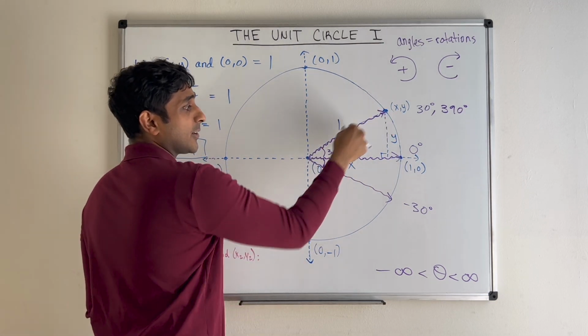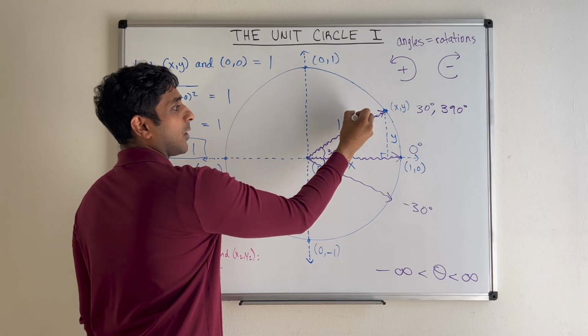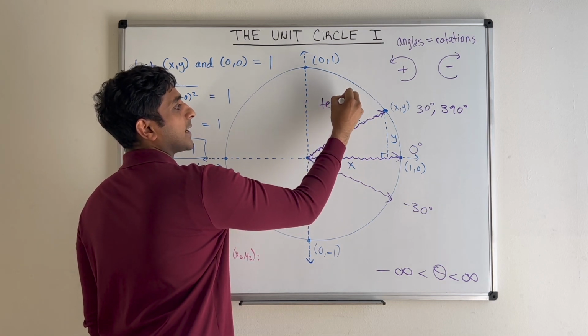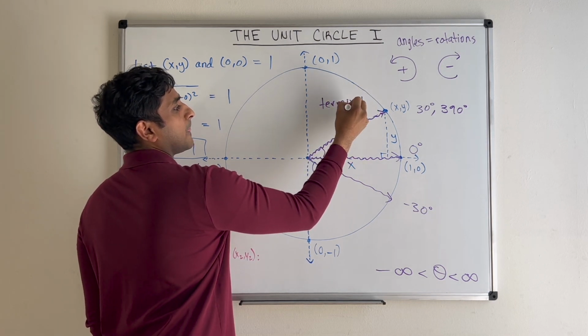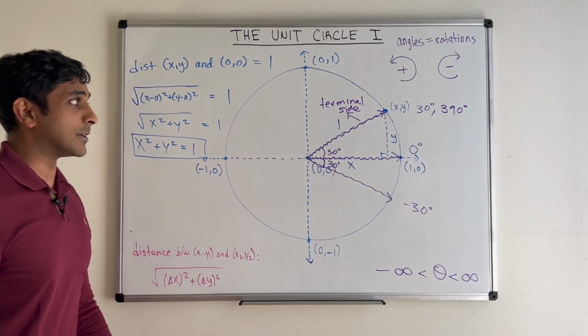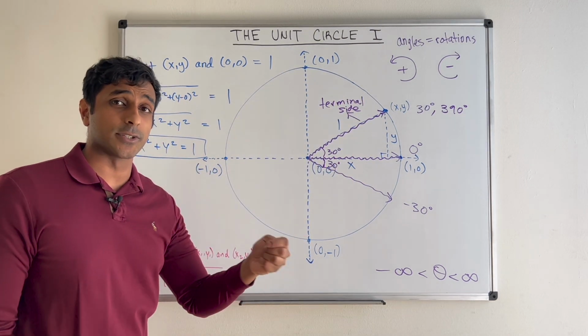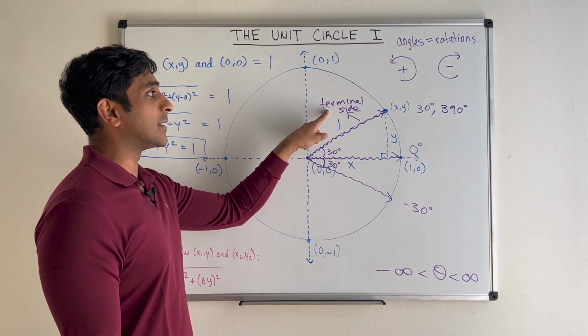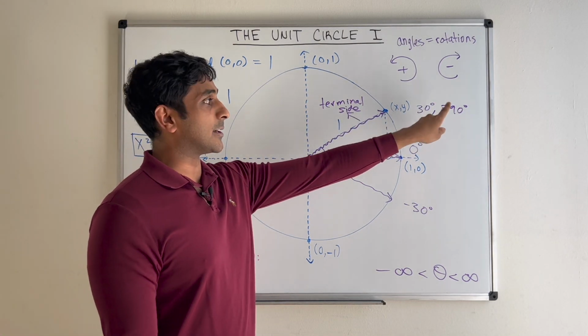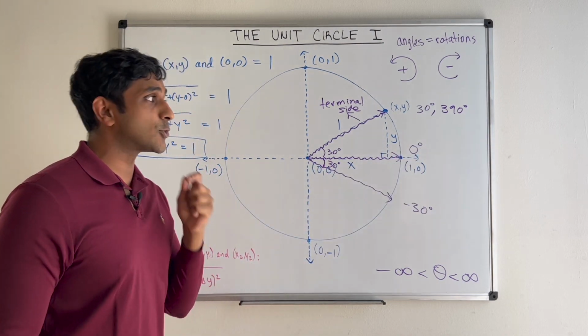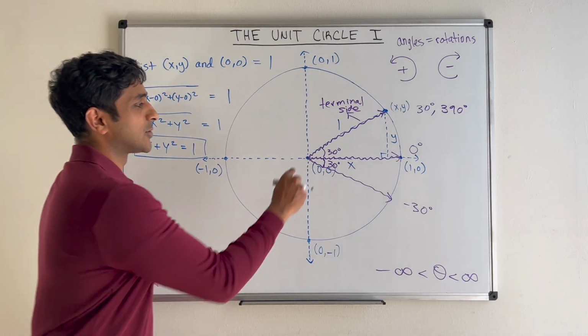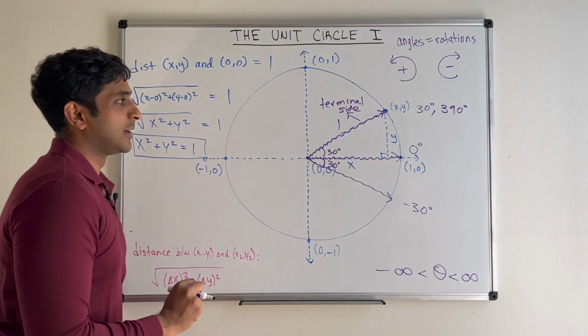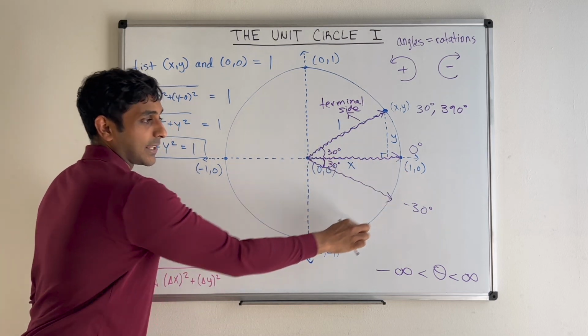So this right here, we could call that the terminal side of the rotation, but knowing the terminal side of the rotation doesn't actually tell you the angle of rotation, because this terminal side can apply to 30 degrees, it could apply to 390 degrees, it could also apply to negative angles. So how could you get to 30 degrees, positive 30 degrees, rotating this way?